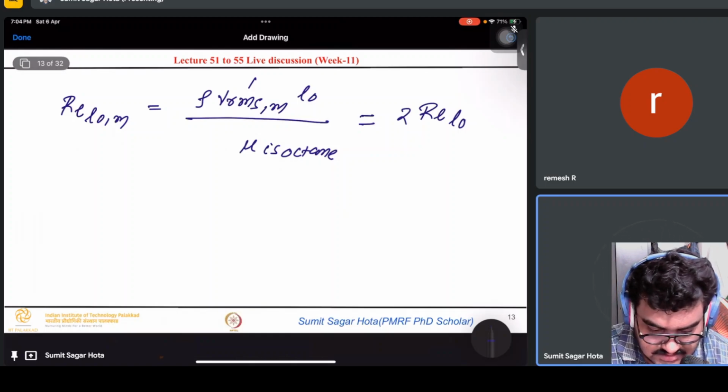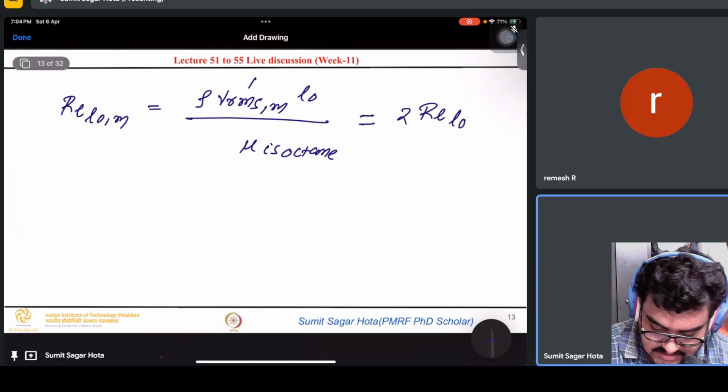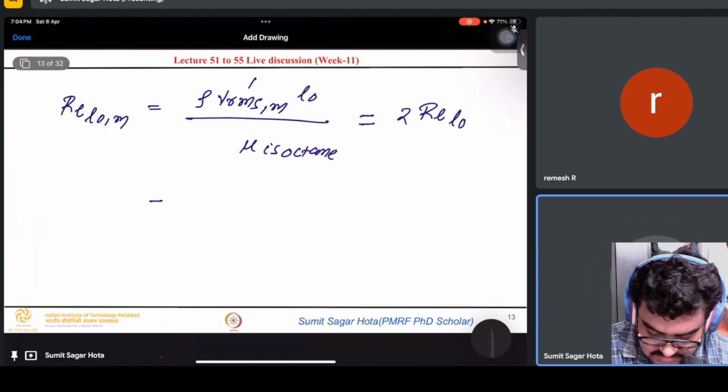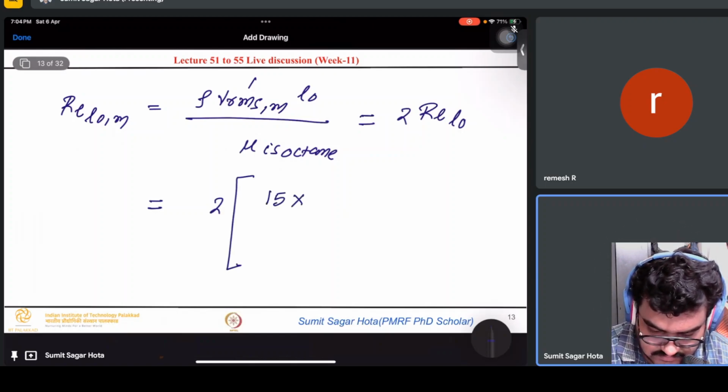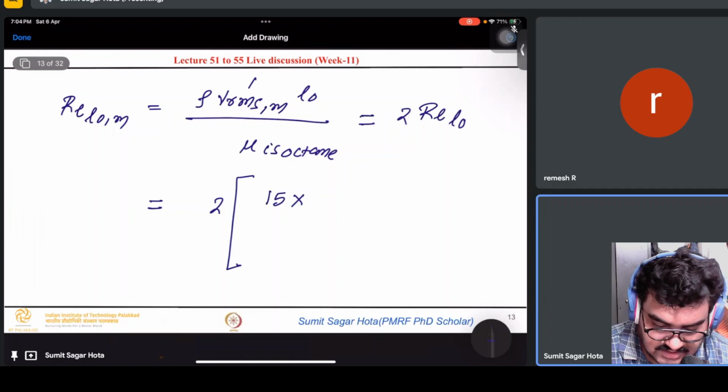So find out the 2 times. First you have to find out rho. From the ideal gas equation, p equals rho R T, so rho equals p over R T.